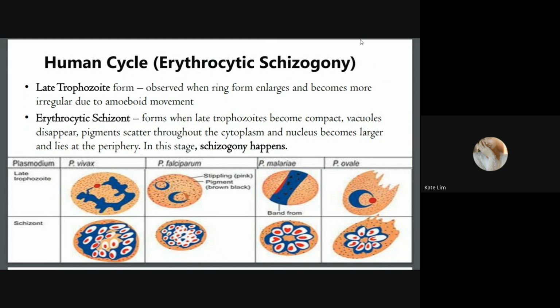If you remember, the nucleus divides, it multiplies, and then there is a production of more merozoites inside the schizonts. When the schizonts burst, the merozoites would be released into the system. The merozoites here are the new infectious forms of the parasites that would eventually burst out of the red blood cells to infect more cells.